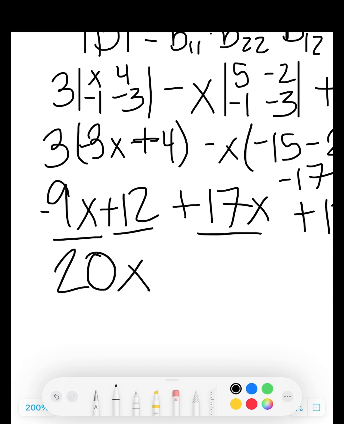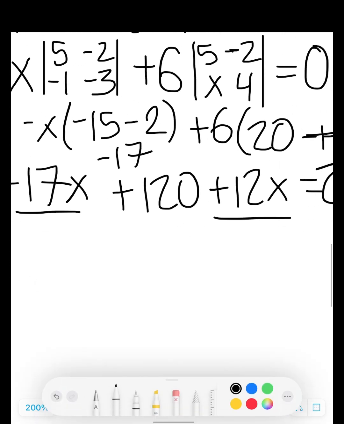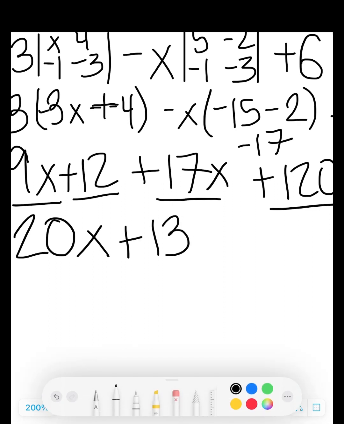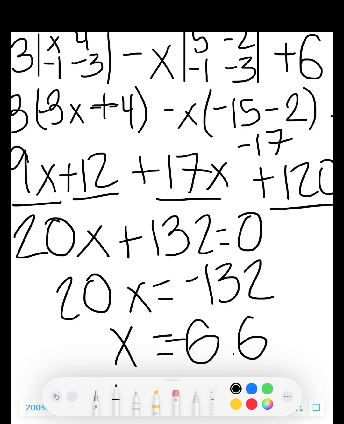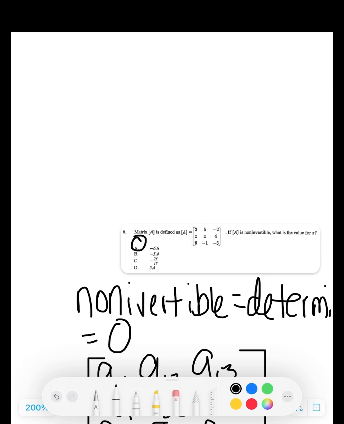And then we combine 12 plus 120, and that gives us 132 equals 0. Now this is an easy two-step equation. 20x equals negative 132. Divide that out in your calculator and you will get the decimal negative 6.6, which is A, and that is your answer.